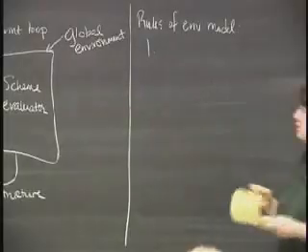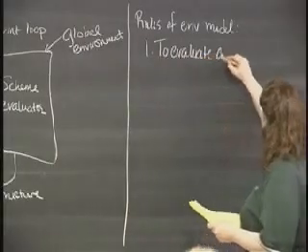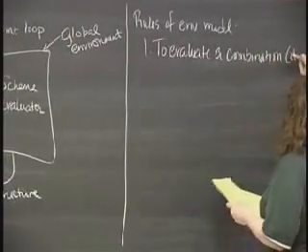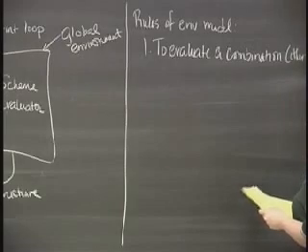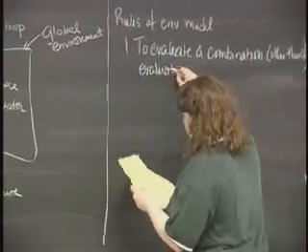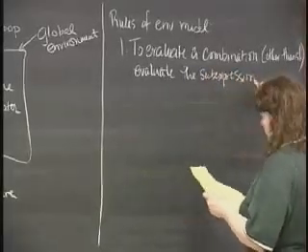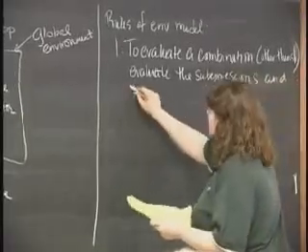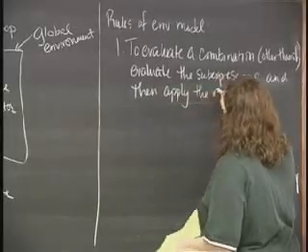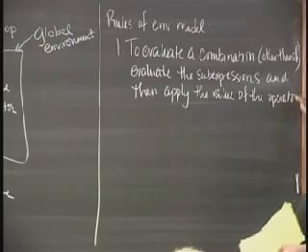The first rule is to evaluate a combination other than a special form: evaluate the sub-expressions and then apply the value of the operator to the values of the operands.